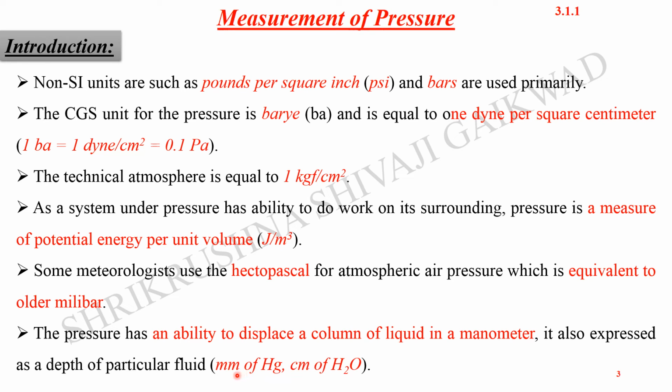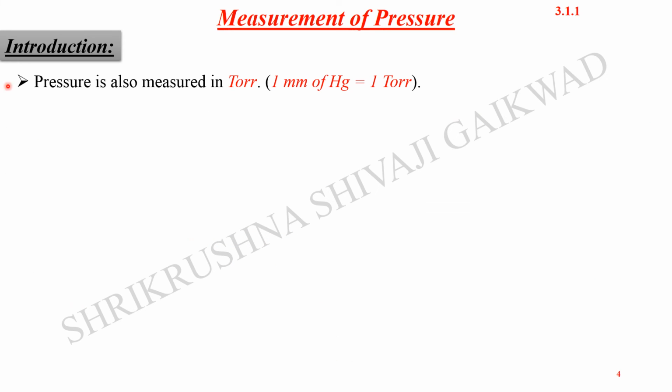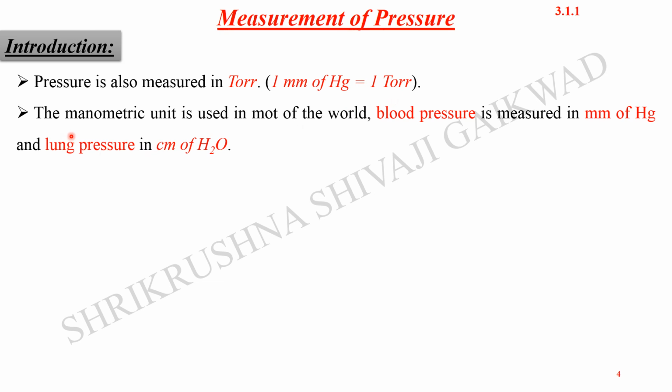It means the pressure will displace the fluid in the manometer, in mm of Hg or centimeter of water. Pressure is also measured in the torr, one of the very important units in research purposes. Most systems in research use the unit torr. 1 mm of Hg is equal to 1 torr.